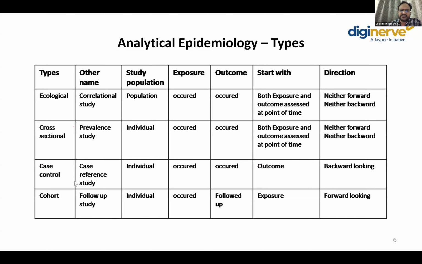So the case control study is also known as the case reference study. In this study, we take a case and we take a control. The case is the person who has the disease, the control is the person who does not have the disease, and we make the assumption by comparing both of them. This is a backward-looking study because the person comes to us with the disease, so we cannot go forward, we will go backward.